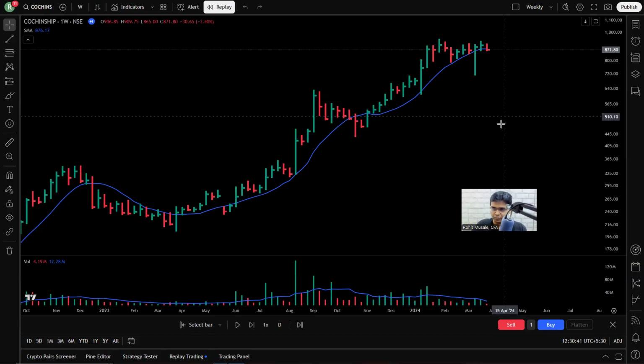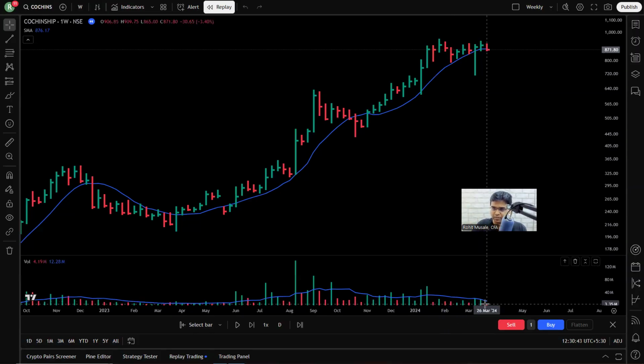On top of that, if you see volume profile like this, that's a clear sign of institutional accumulation, because when volume inside the base is small, okay, what does that mean? That means the retail players are selling and the institutions are accumulating the stock.